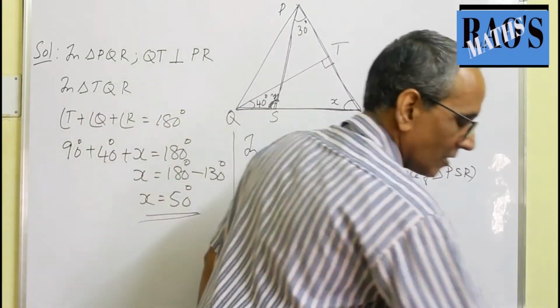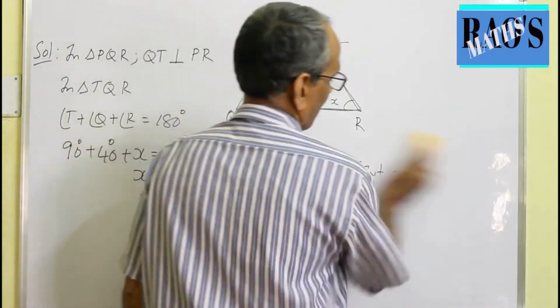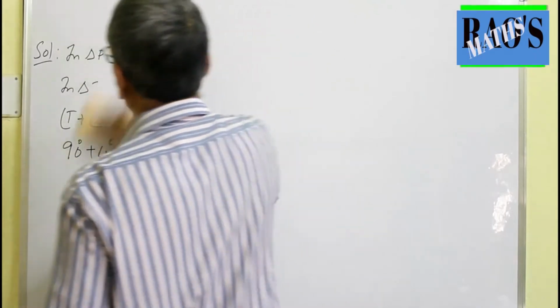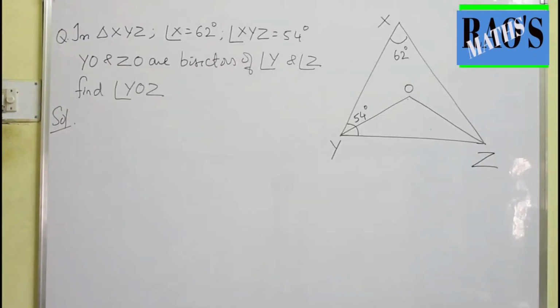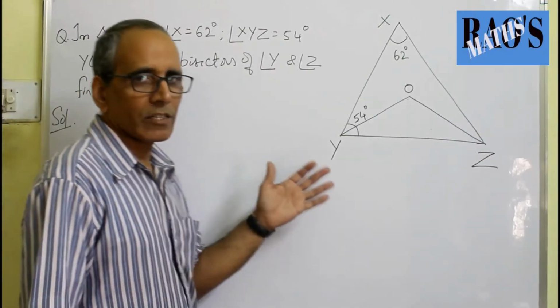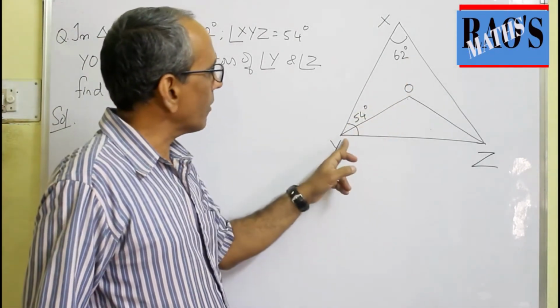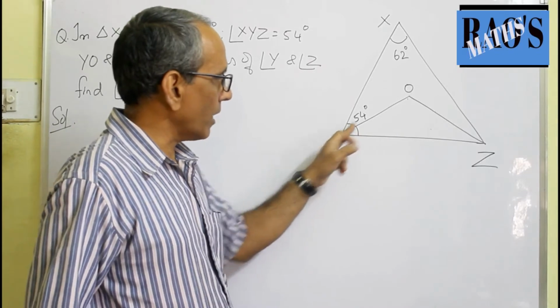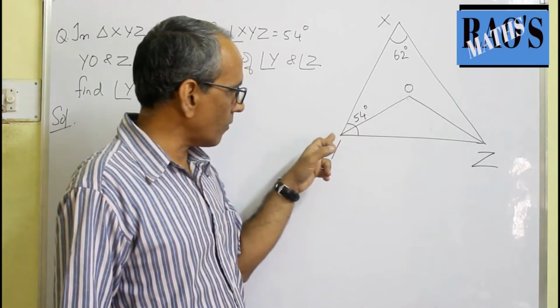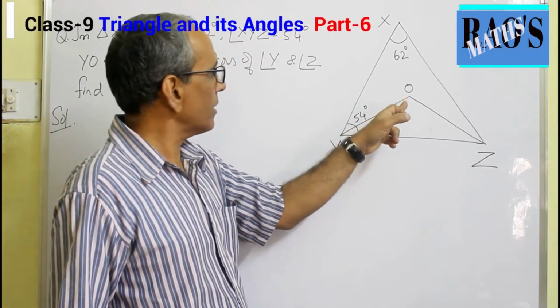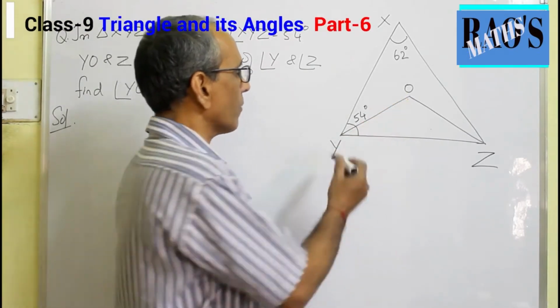And here is one more question to improve your vision skills or reasoning skills. In this question we have triangle XYZ. The measure of angle X is 62 and Y is 54, and YO and ZO are the bisectors of Y and Z which are meeting at O. You have to find this angle O, that is YOZ.